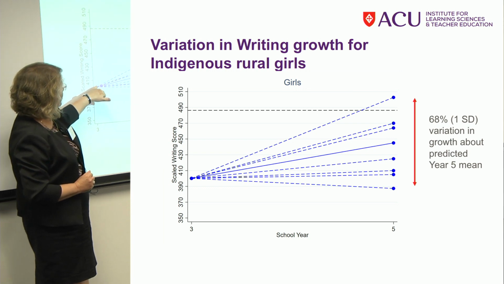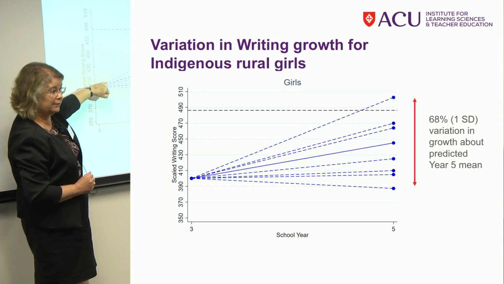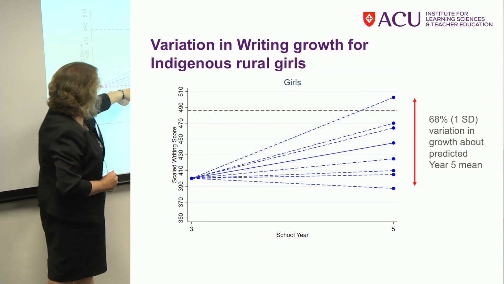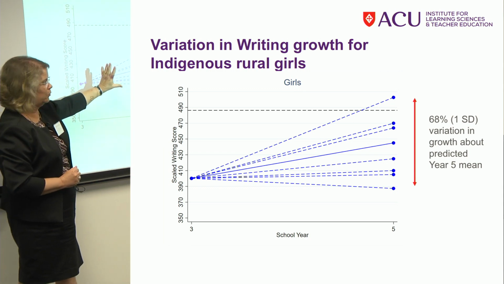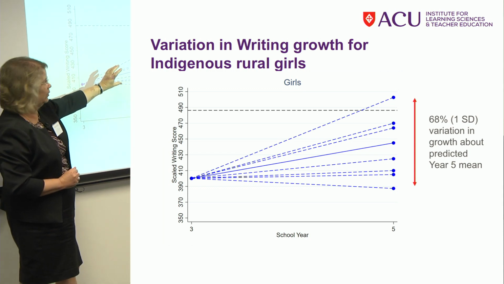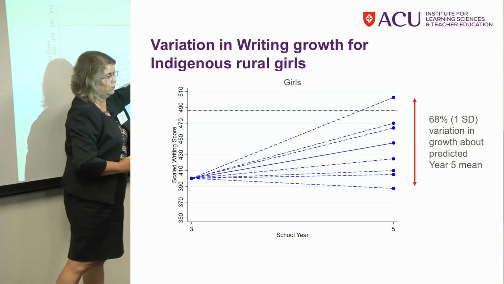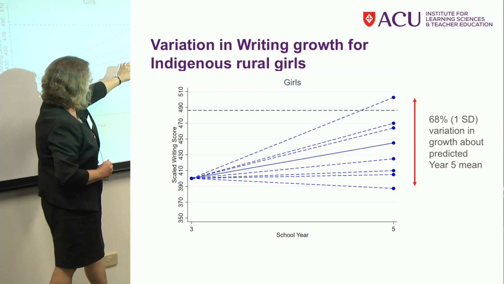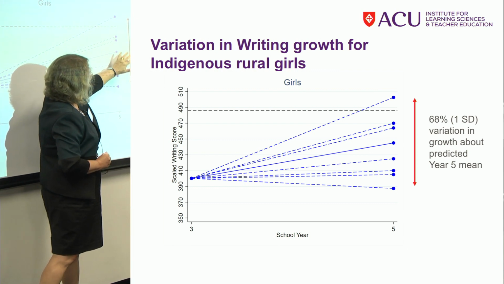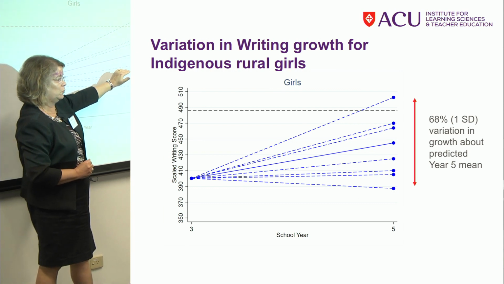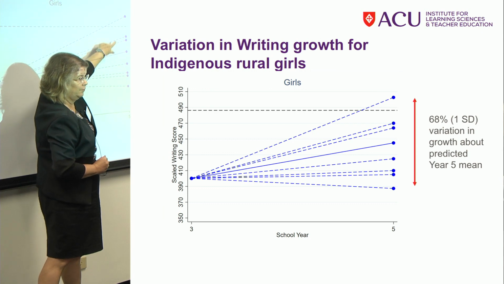This is progression for Indigenous girls in rural remote areas. And these other dashed lines show the possible growth rates for girls in this group. The solid line is the average growth rate, but our model tells us that 68% of girls in this group actually have growth that varies between these points.